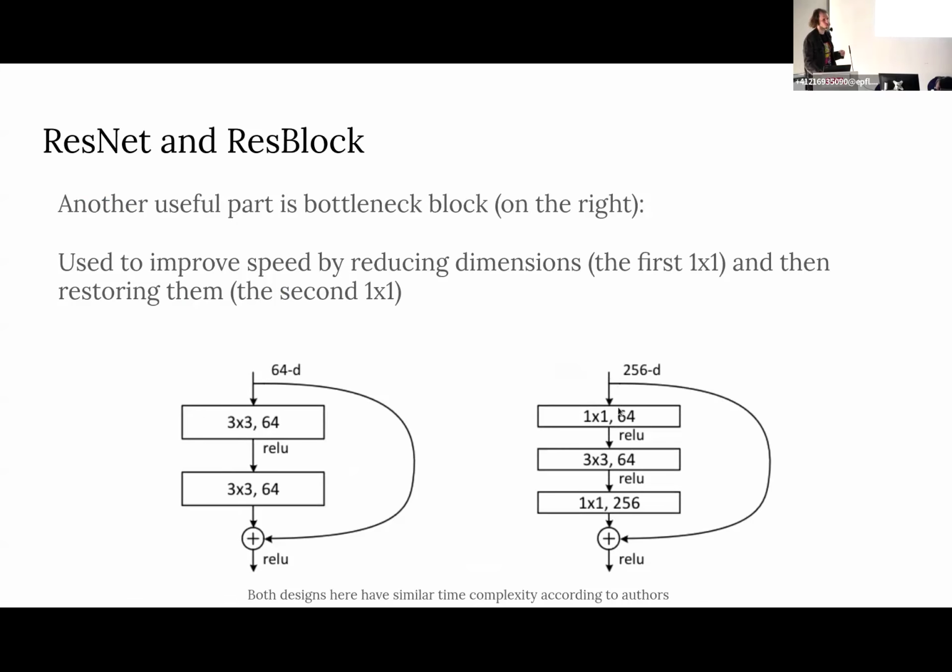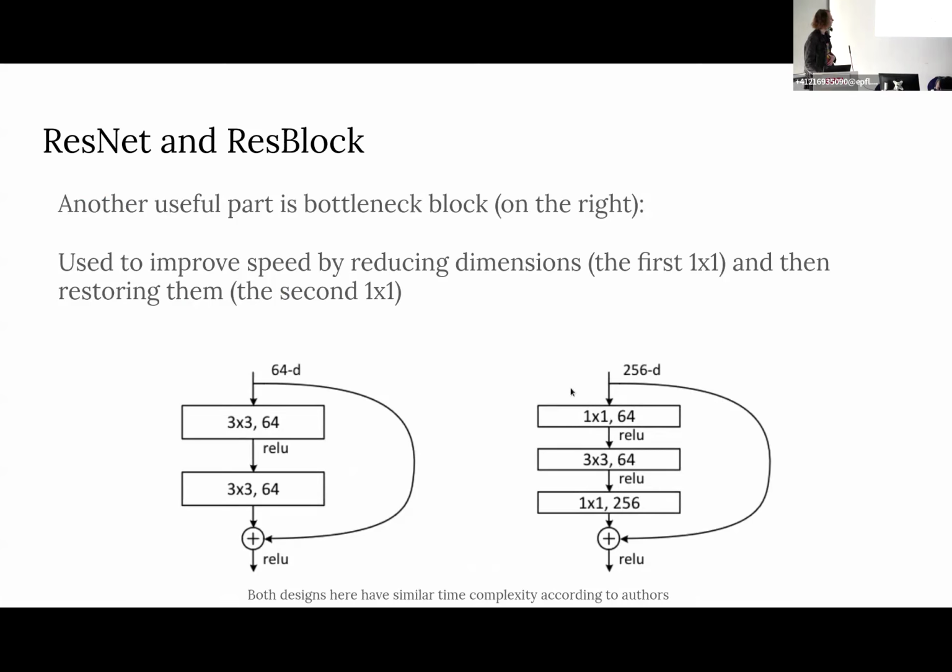So they suggested this so-called bottleneck layer, where you first decrease the number of channels with a one-by-one convolution. Then you do some operation inside this small representation, and then you convert it back to this huge 256 dimension via another one-by-one convolution.